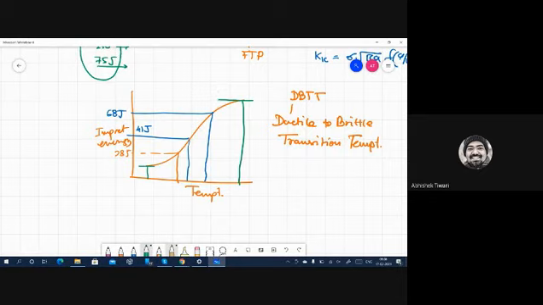So this is TU, upper shelf, TL, lower shelf, and I define DBTT as an average of these two. That would make sense to me, and that is something which people also do. But why do I have three energy based criteria instead of having one?